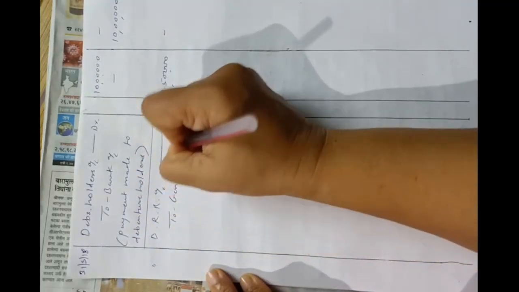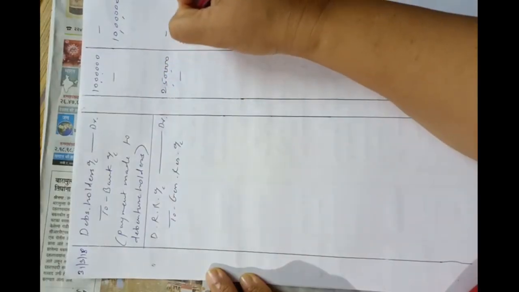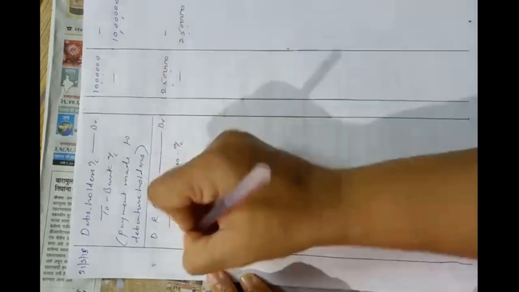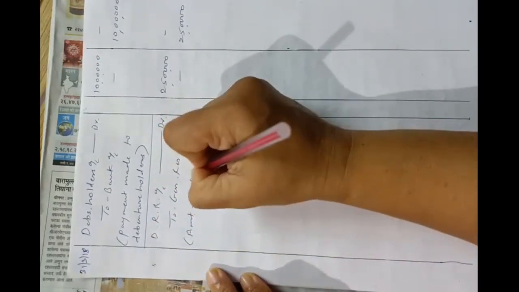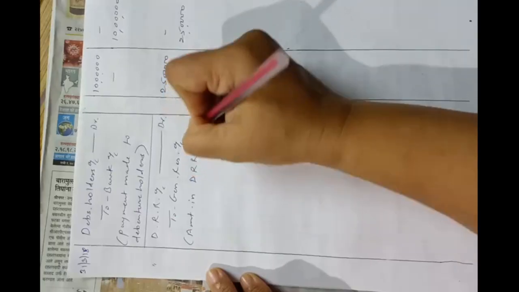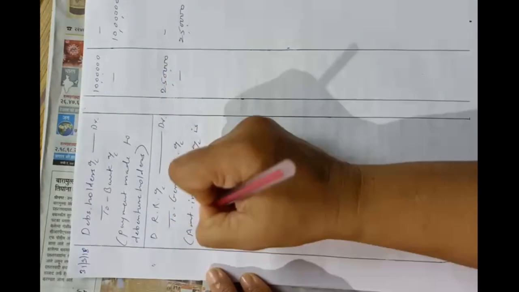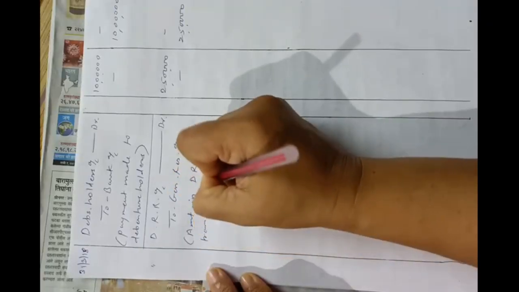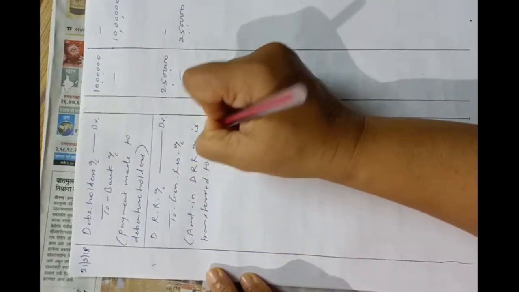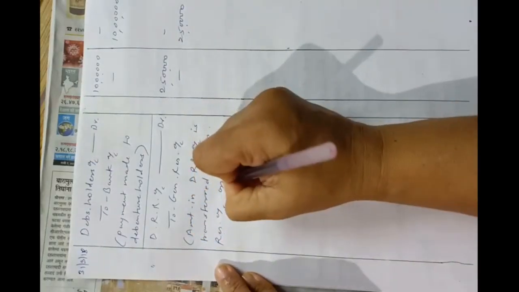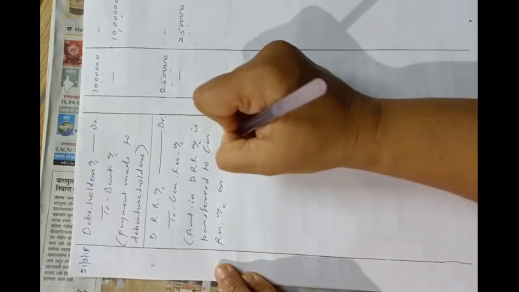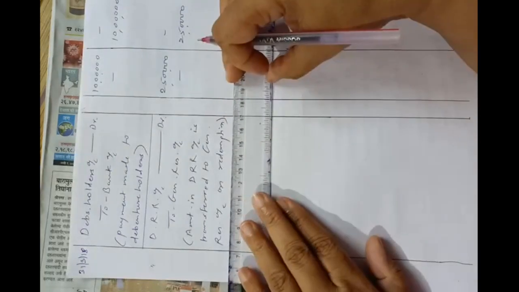So to general reserve account 2,50,000, on the redemption.